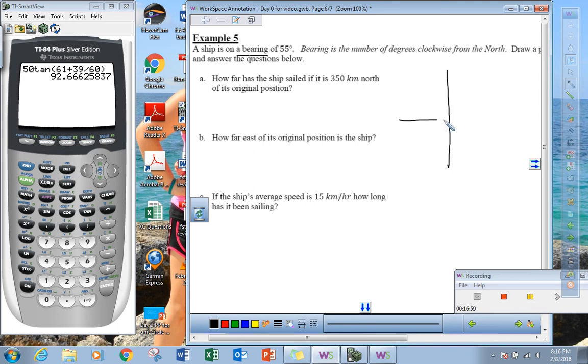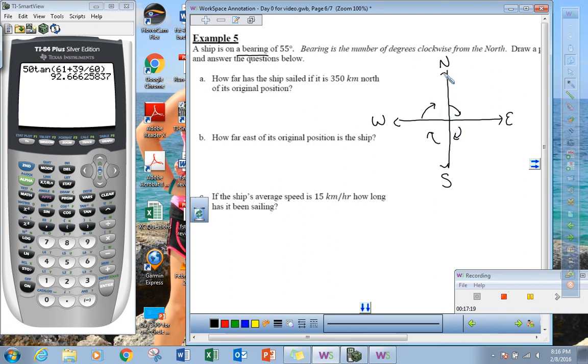We have our axis, where I got north, east, south, and west. And we always go clockwise. So we're rotating this direction all the time, whenever we're working with a bearing. So a ship being on a bearing of 55 degrees means this.